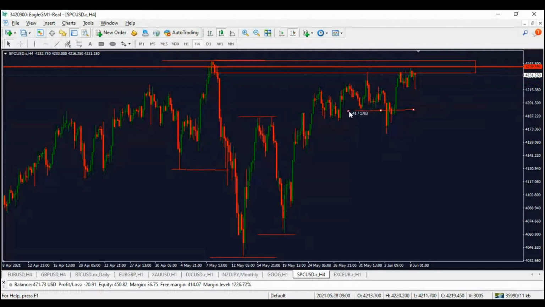Wow. And we created a piece of price action here that is inefficient. Okay, and this is one area to watch.